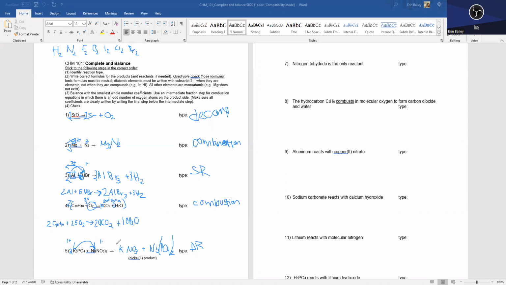I'm going to put 6 here. Then there are 6 nitrates, and there are 2 nitrates on this side. So in order to get nitrates to be 6, I just need to multiply it by 3. And hey, if you look at that, there's going to be 3 nickels over here and 3 nickels over here.